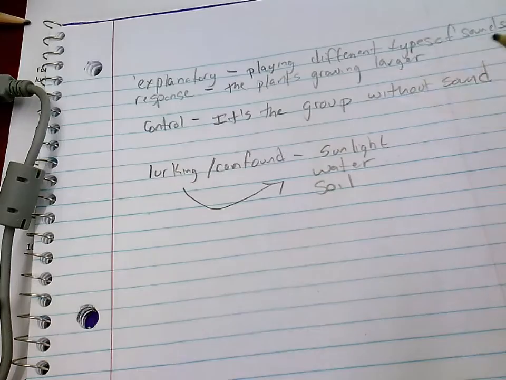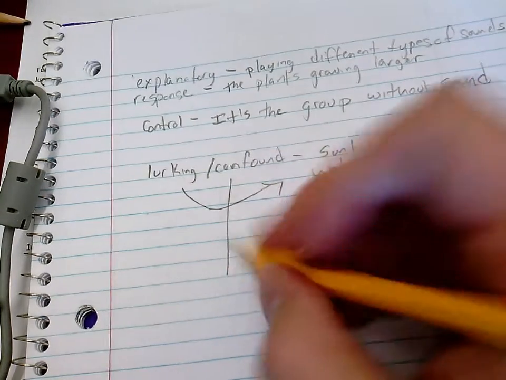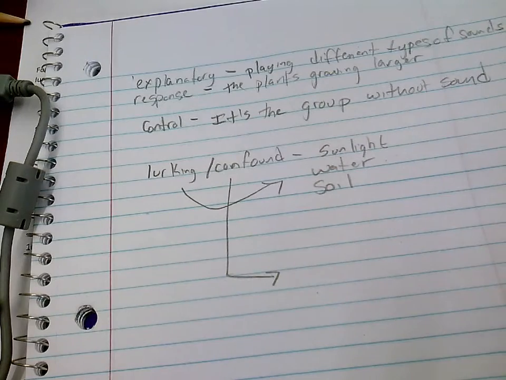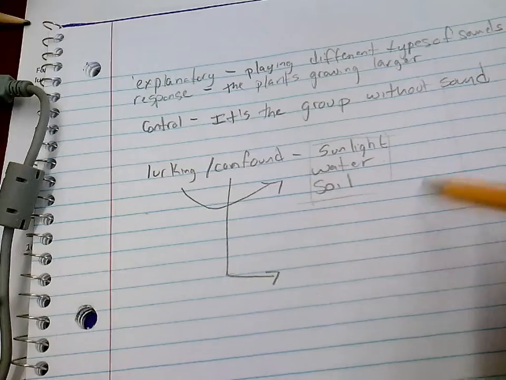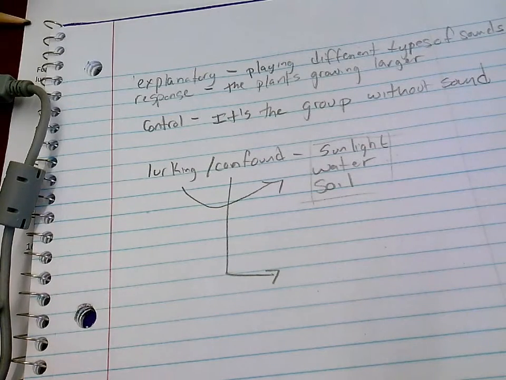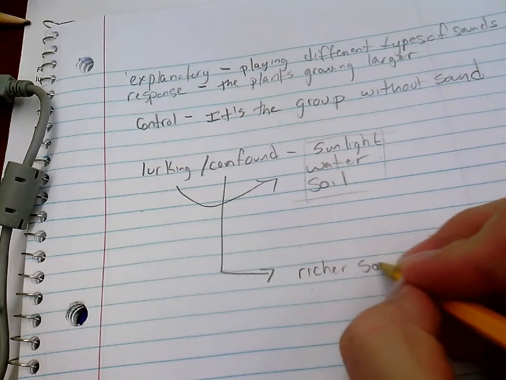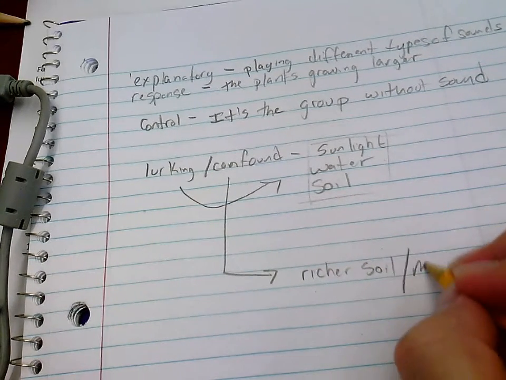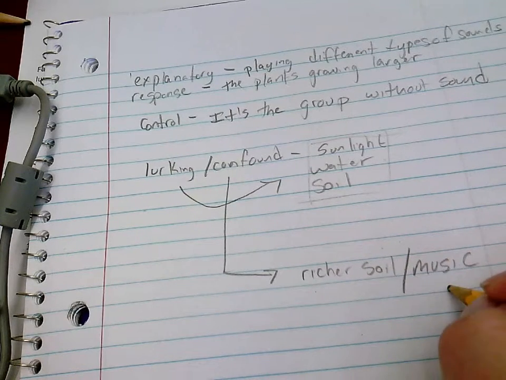Technically, these are lurking variables. A confounding variable would actually be something like this. This is lurking, this could explain the plant growth. Confounding means that you tested two things at once. So for example, if we tested a richer soil and the music, we don't know which one made the plant grow. Was it the richer soil or was it the music?